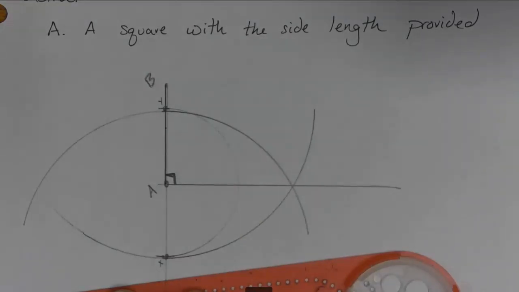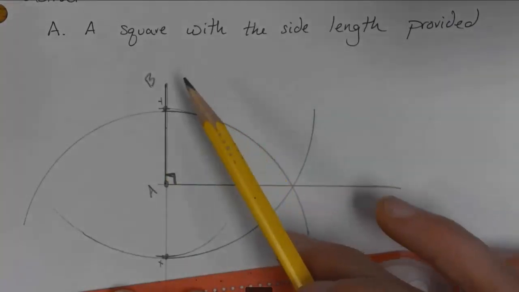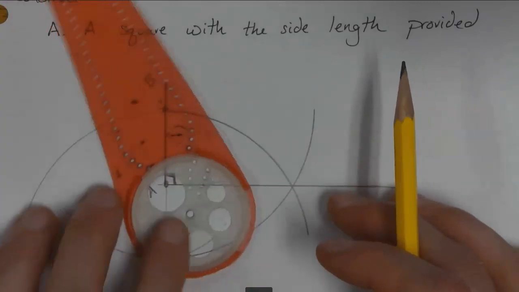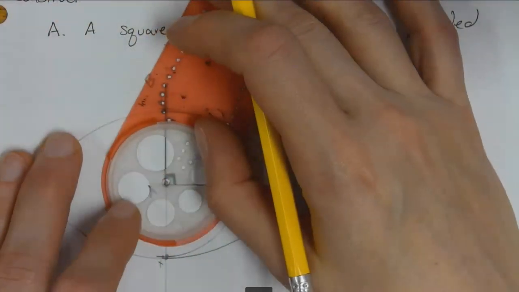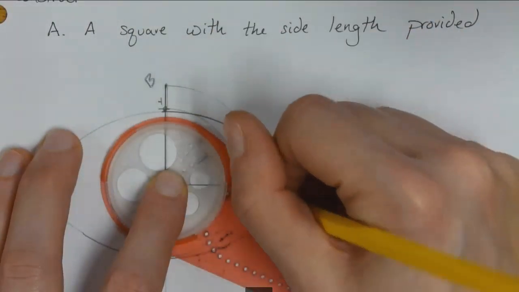But what I want to make sure of next is that I don't extend this too far. In order for this to really be a square, it needs to have the same length as A and B over here. So I'm going to find the length from A to B. I found my setting here, and I'm going to drop that length over here.